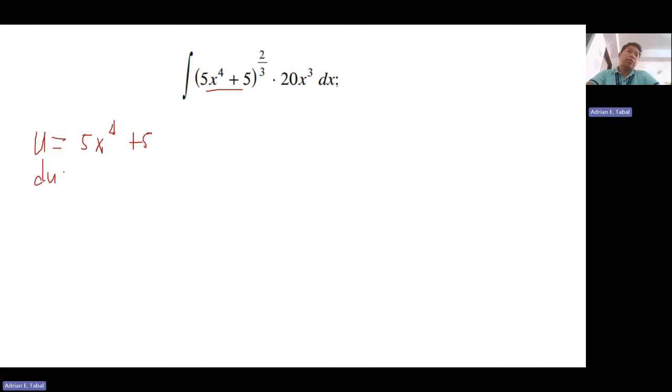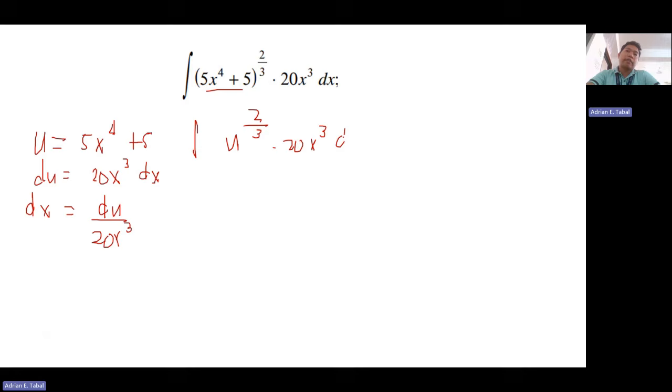So du is equal to 20x cubed dx. Find dx. dx is equal to du over 20x cubed. So go back to our function. That's u raised to 2/3 times 20x cubed dx.